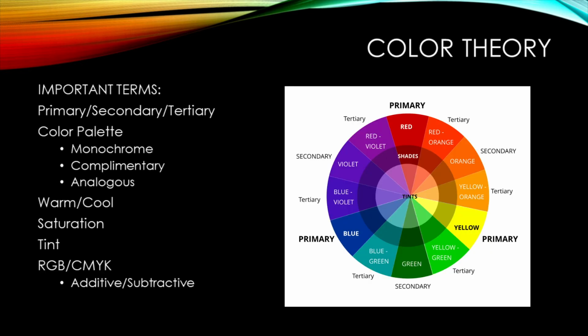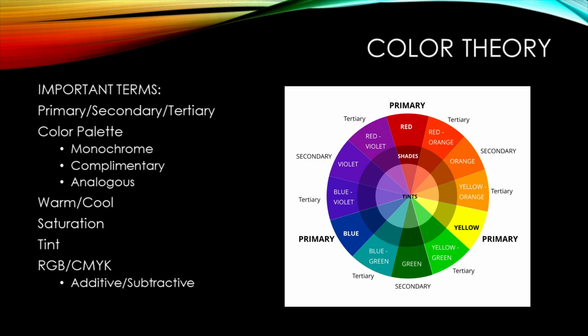So if our goal is to evaluate color in film, we might need some kind of basic vocabulary associated with color in general. And you may be familiar with this stuff if you've taken an art class in high school or in college. But if you haven't, some general things to know about when you want to talk about specifics with color. So primary, secondary, and tertiary colors.